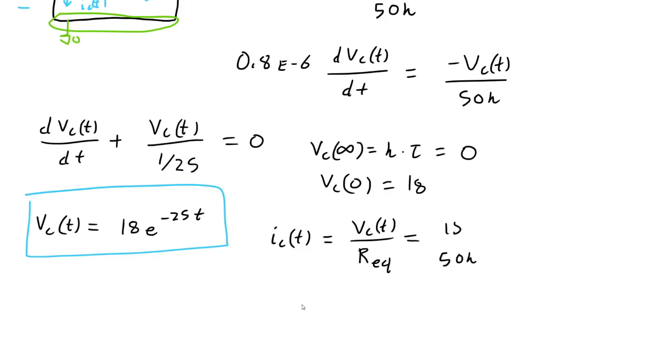So we're going to have 18 over 50K e to the minus 25t, and we'll have an expression for that. So 18 divided by 50,000. I multiply that, so 360 microamps is the maximum current, and then e to the minus 25t.